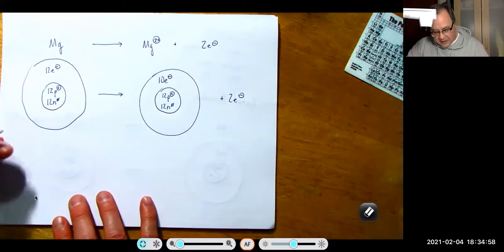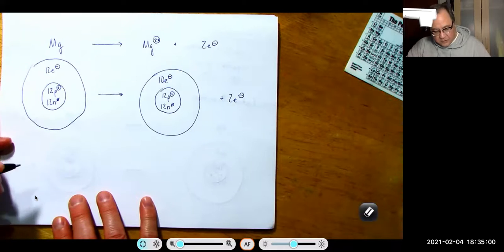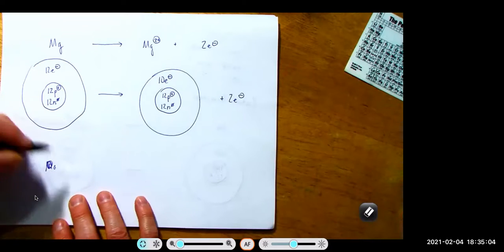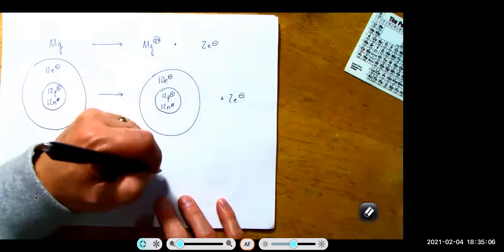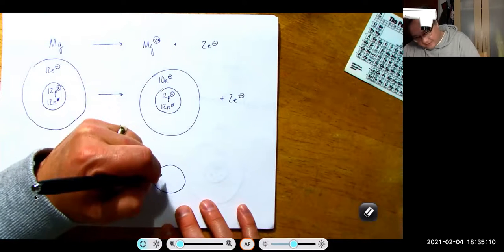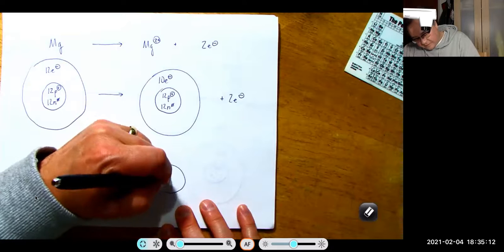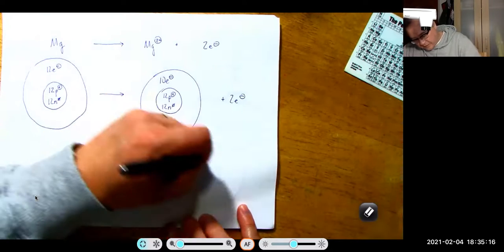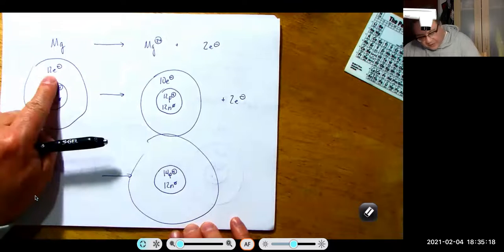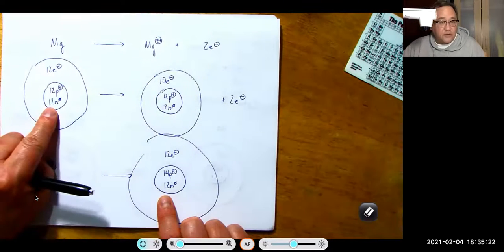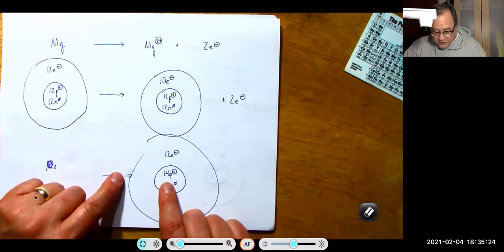Tell me why this is wrong. Let's see. So here we have 12 electrons and we still have 12 electrons. We still have 12 neutrons, but we have 14 protons.